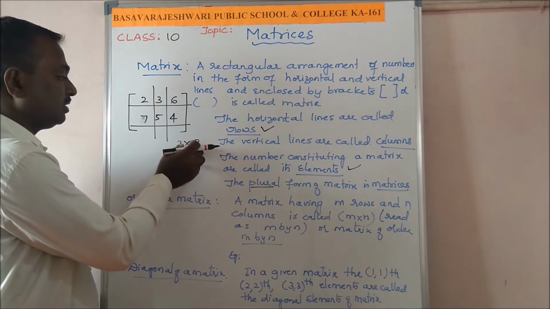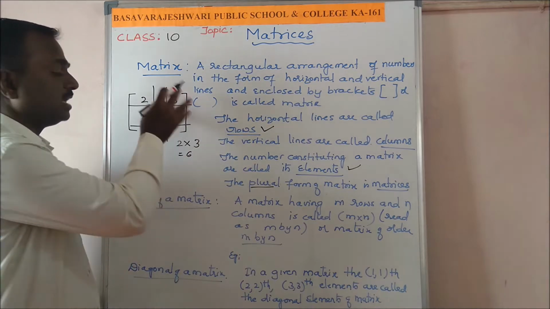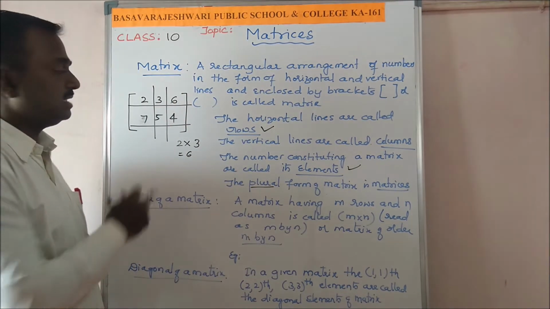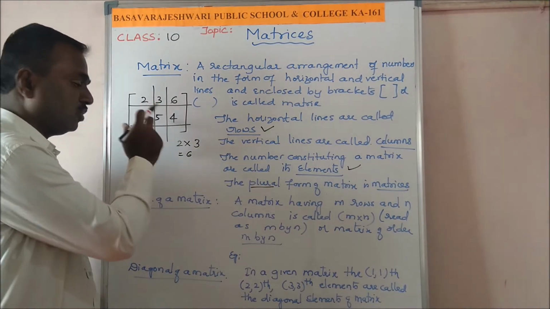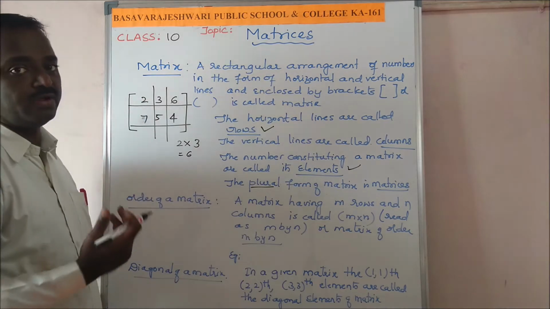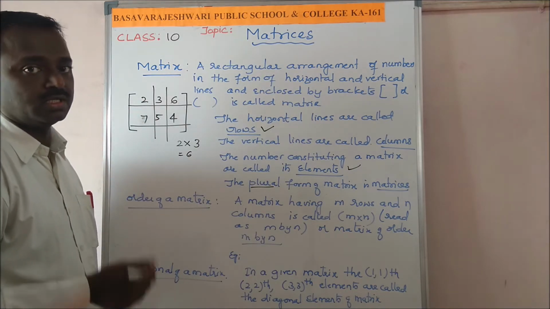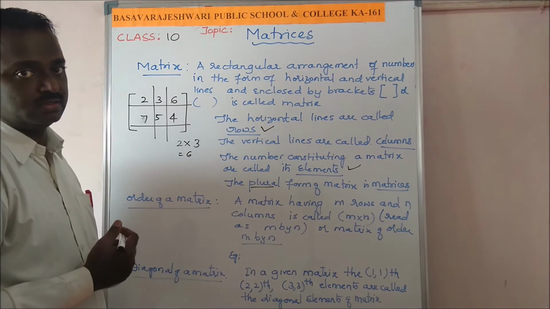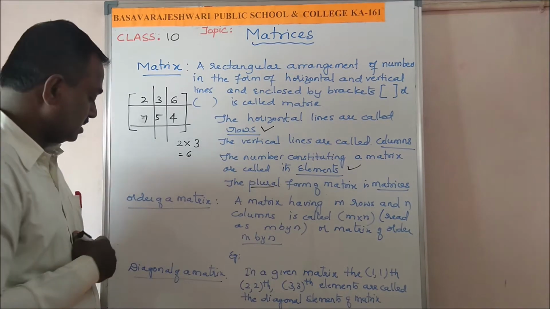If you multiply, 2 into 3 is equal to 6, which symbolizes that 6 elements are there in the matrix. So 2 represents the number of rows and 3 represents the number of columns. That is called the order of the matrix.